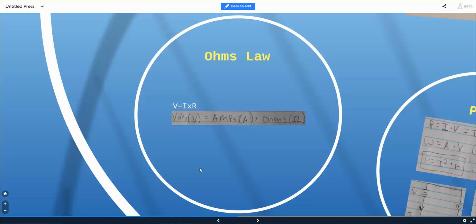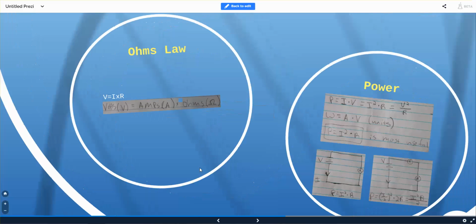For Ohm's law, we found out that the equation is voltage equals amperage times resistance. Voltage is measured in volts, and the unit for volts is V. For amperage, it's measured in amps, and the unit for amps is A. And for resistance, the measurement is ohms, and the unit for ohms is omega, the Greek letter omega.